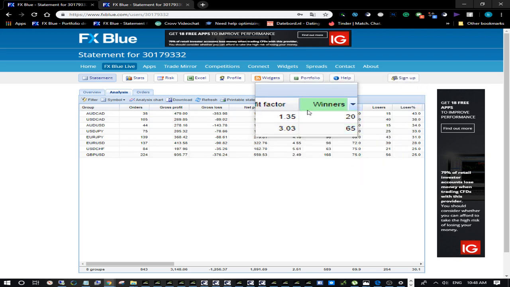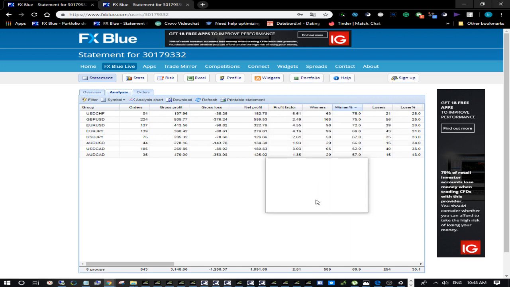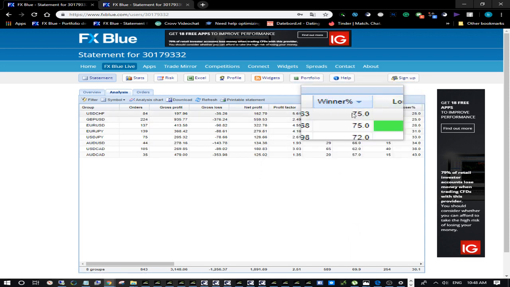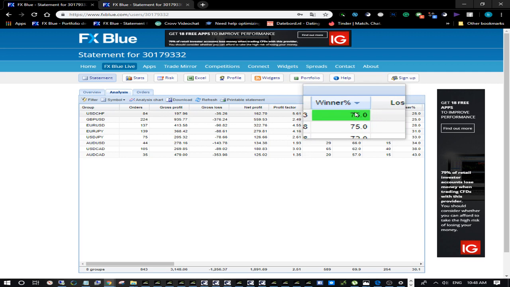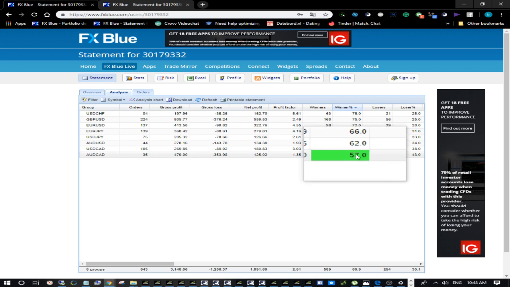But I guess one of the most important is to filter out the winners, the winner percentage, because the higher it is, the more accurate they are, and the lower it is, the more we actually have to optimize those results.